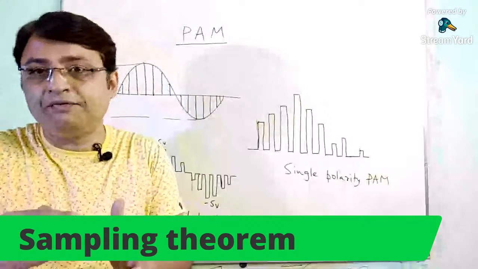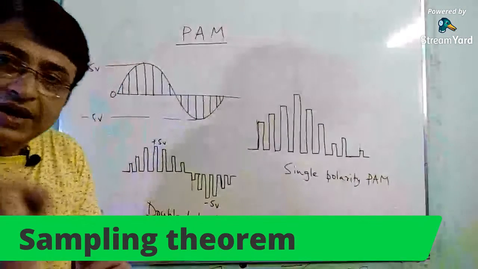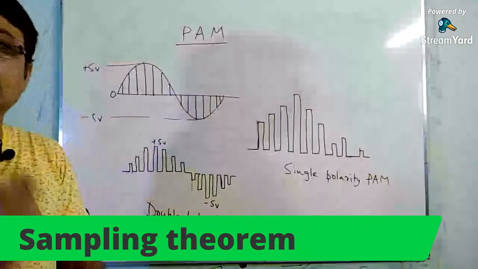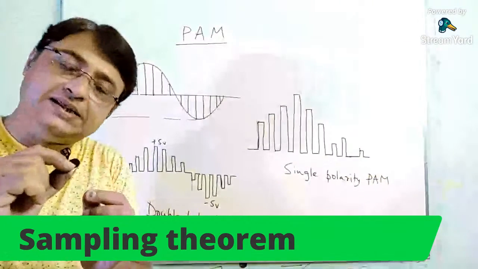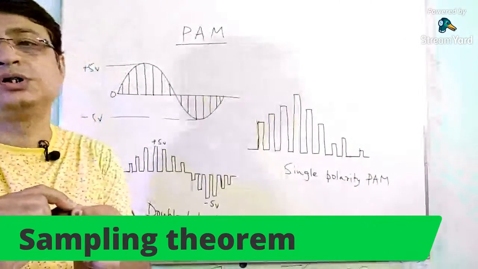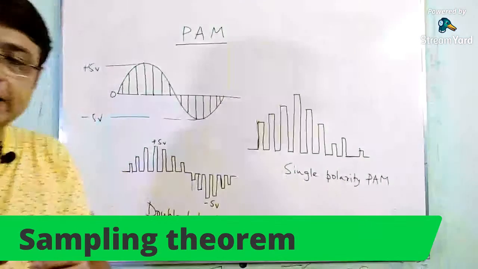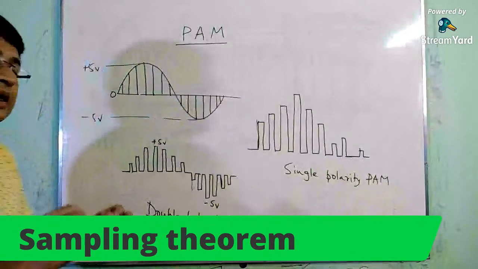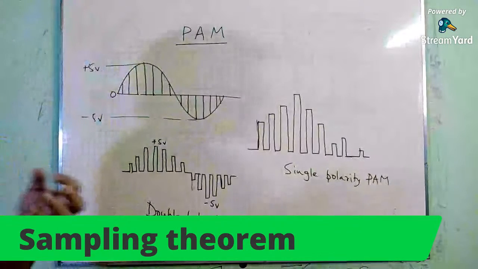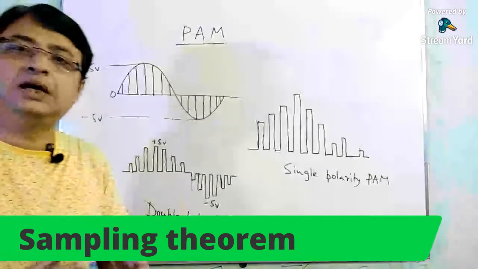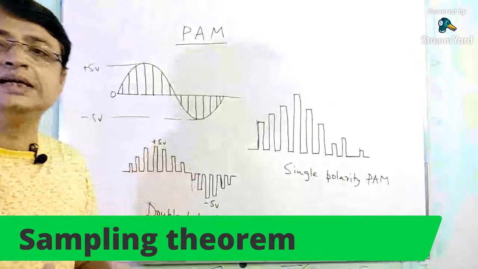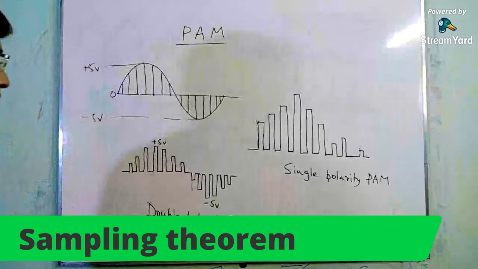So you may find that in a very short interval of time the value changes from 2 volts to, say, 2.1 volts. So there are two ways of getting the sampled values from the original signal.